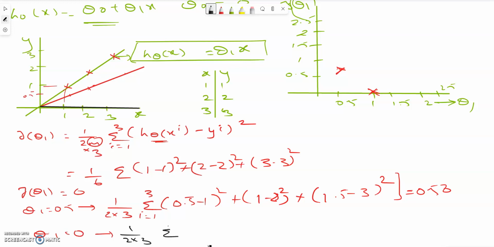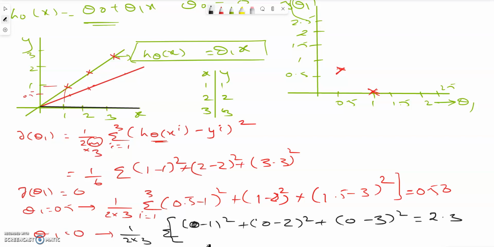I want to directly use this formula: 0 minus 1 whole square, 0 minus 2 whole square plus 0 minus 3 whole square, which will give a value of 2.3. So I have got a point here, which is 2.3.